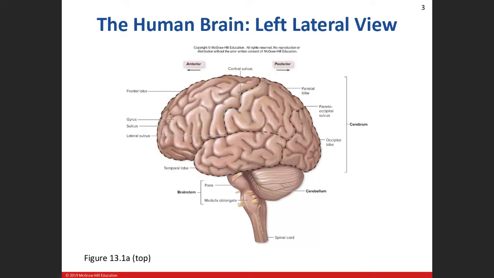Anterior is the front part of the brain here, and posterior is back in this area. Roughly, your ear sits right around here, and your eyes will be down around here.